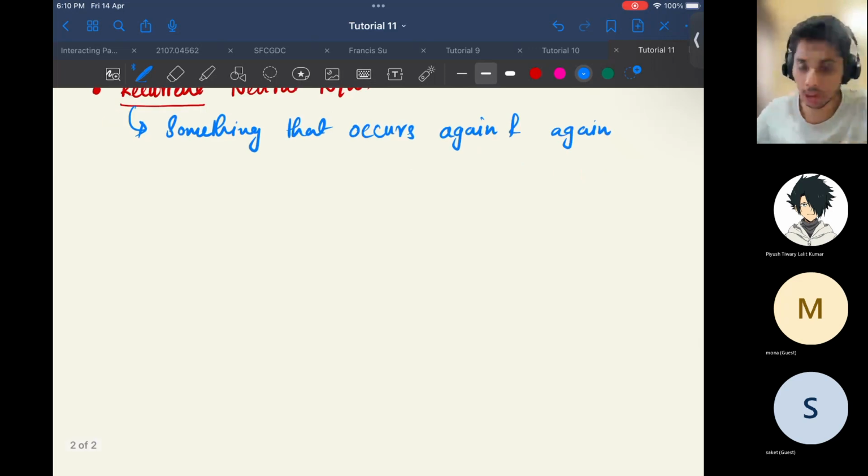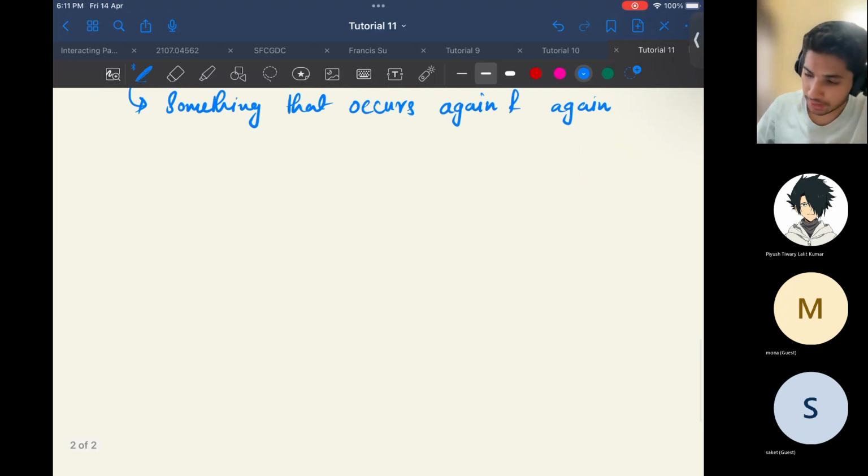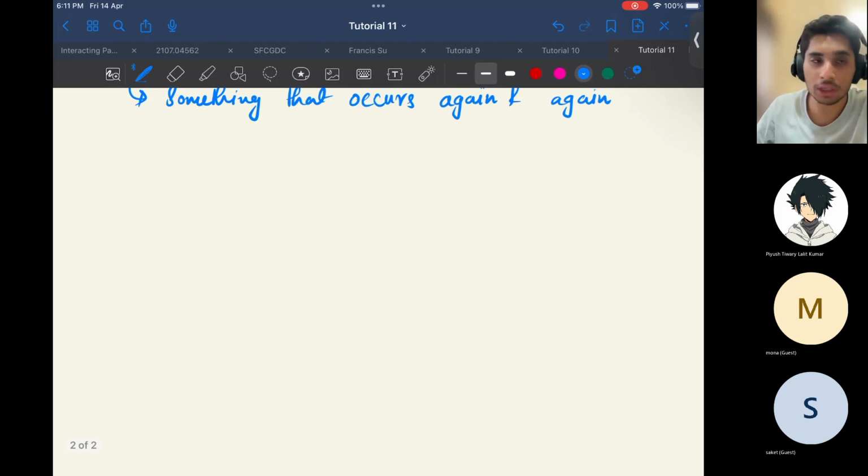However, what does this mean in our context? As I said earlier, we are trying to deal with sequential data. What does sequential data mean? That the data is coming in some sequence. For example, let's say there are different timestamps.